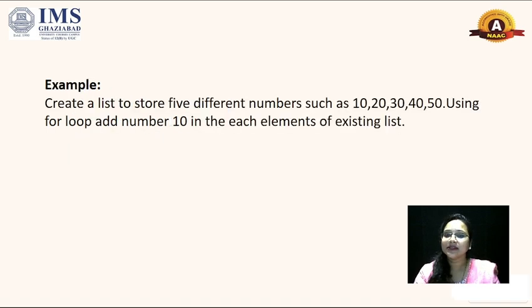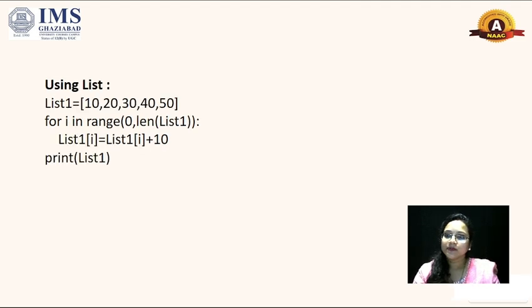I have an existing list, and you want to create a new list using the existing list. First we discuss how it works with a loop and how it gives the desired output. Here the list is list1. I have created a list that has the values 10, 20, 30, 40 and 50. Now, using a loop, how will you code it?